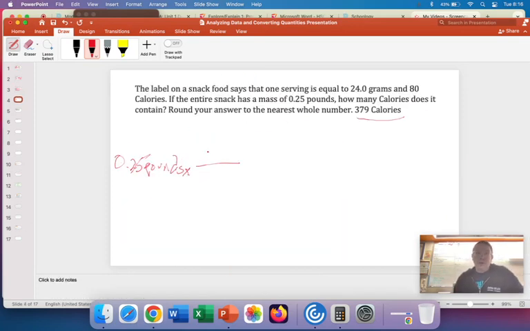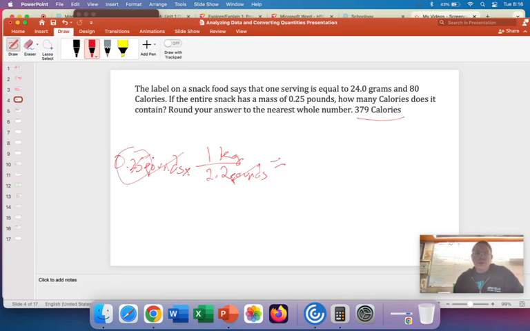So let's say kilograms first. 1 kilogram is 2.2 pounds. What portion of a kilogram is 0.25 pounds?